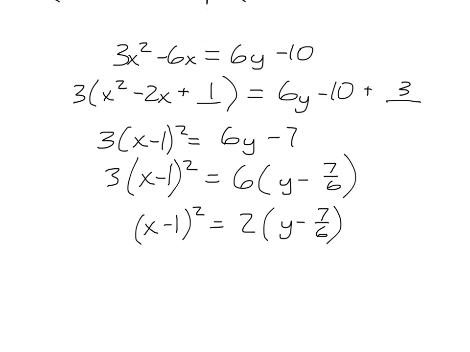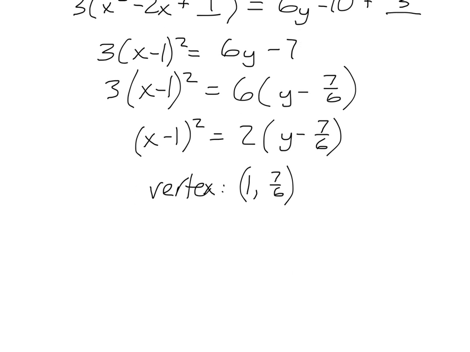We just have to remember that it's minus h and minus k. So these are actually negative here, but they're positive for the vertex. So our vertex is going to be (1, 7/6), just like that.